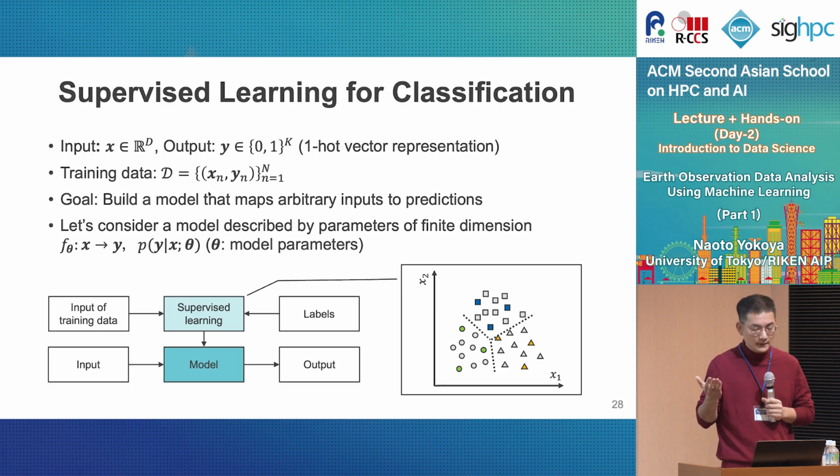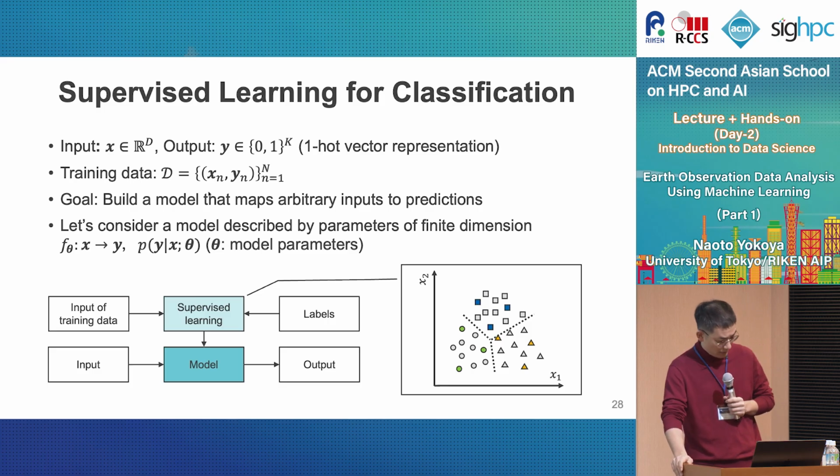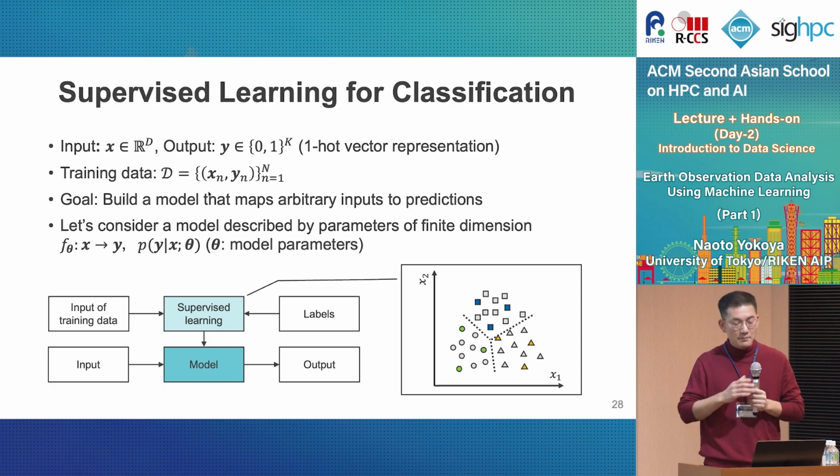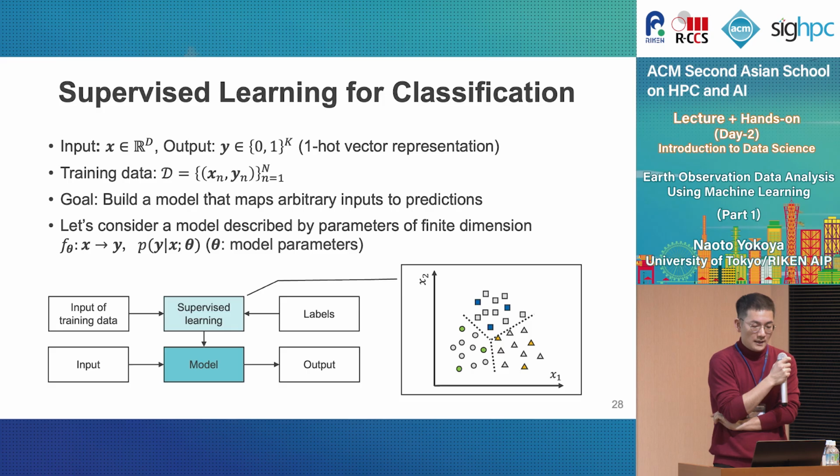We have some input data and we want to classify it regarding the label. In supervised learning, the goal is to build a model that maps arbitrary inputs to predictions, and it should be based on training data.